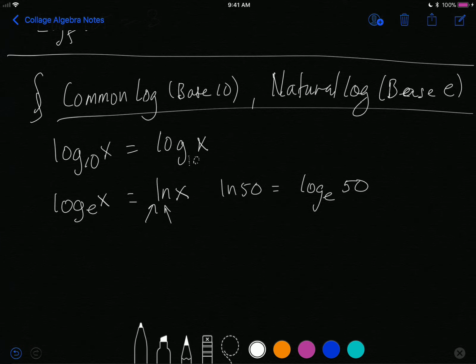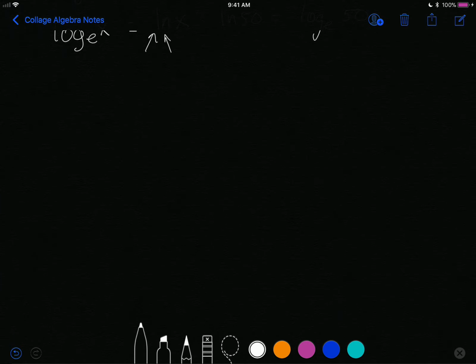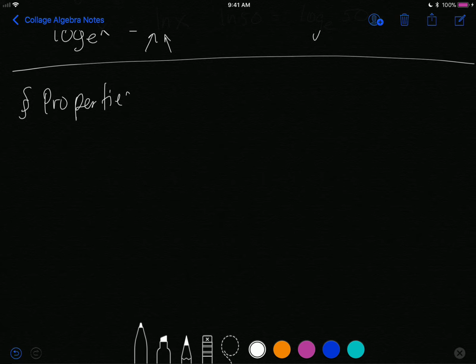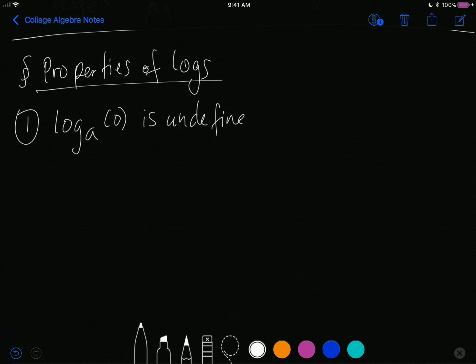Alright. So, now that we know a little bit about logarithms, let's look at the basic rules that all logarithms follow. We call those the properties of logs. These are things that are always true for all logarithms. The first property is that a log of any base of 0 is always undefined. You cannot plug a 0 into a logarithm.